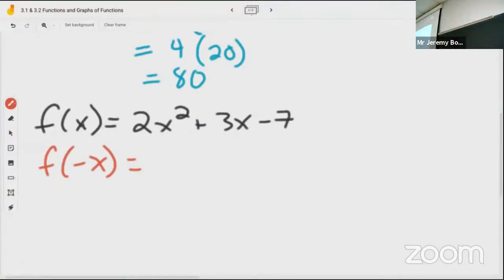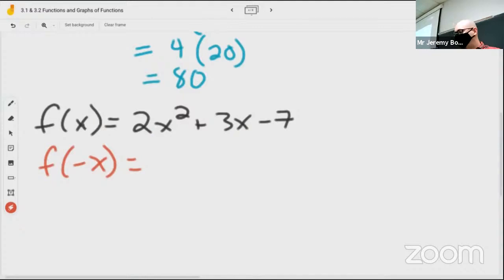Whatever you put inside those parentheses, that's going to go where the variable is, right? So I put a negative x for x, it's going to have a negative x there and a negative x there.